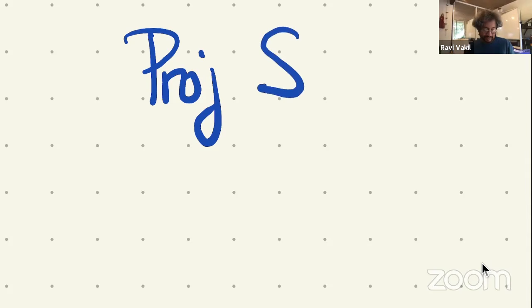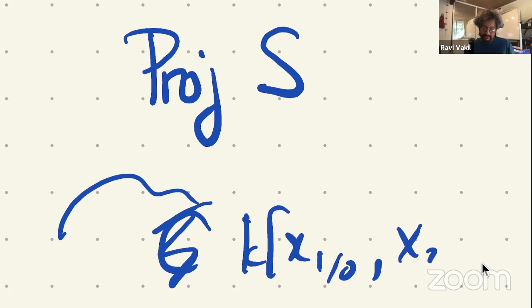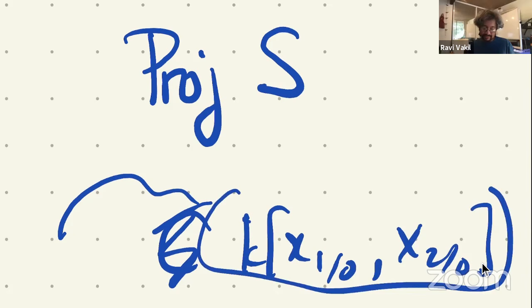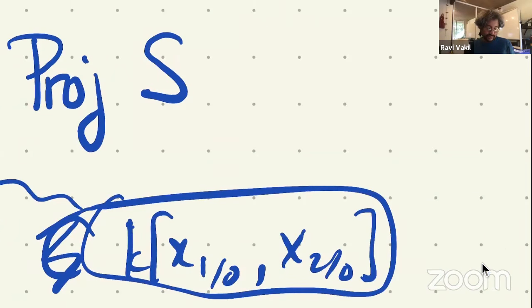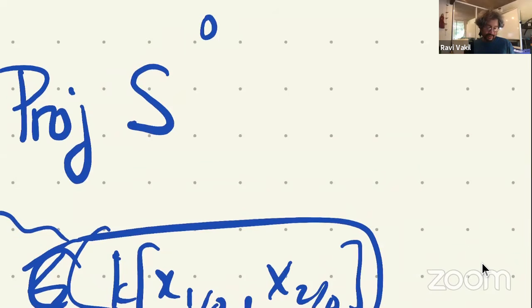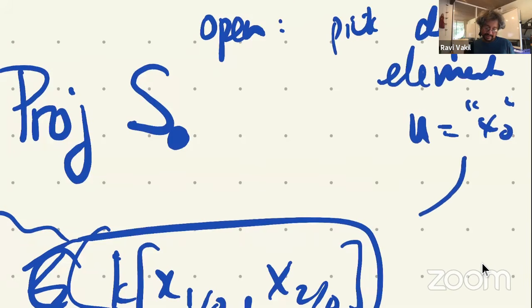In the case of projective space, I hope you remember that for P2, from the graded ring, you produced this ungraded thing. So what did you do? I'll have as an open subset: let me pick a degree 1 element, U, which might be X naught in this example.